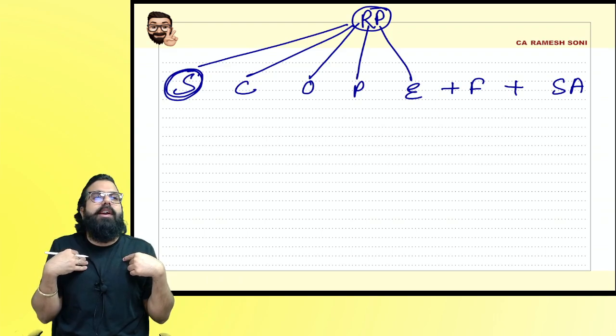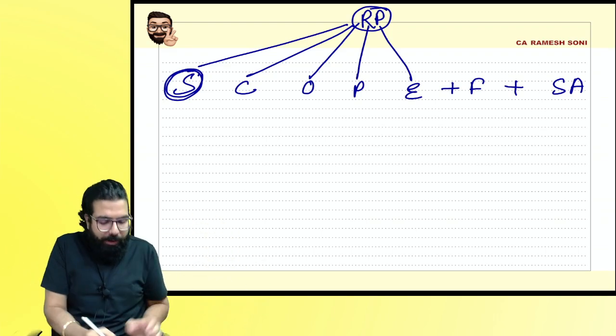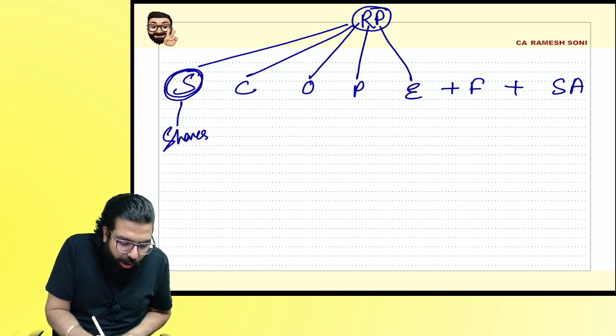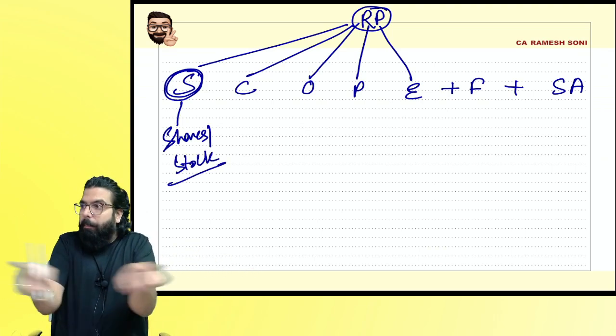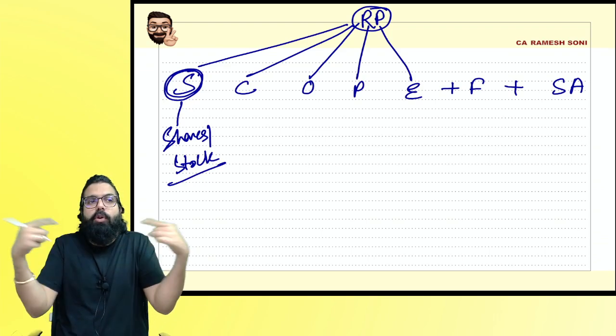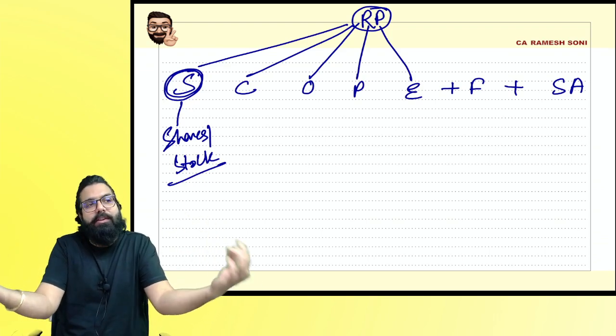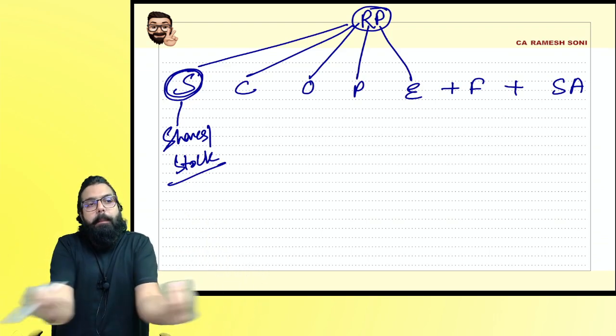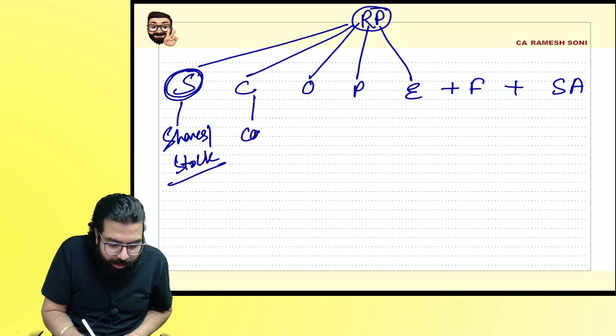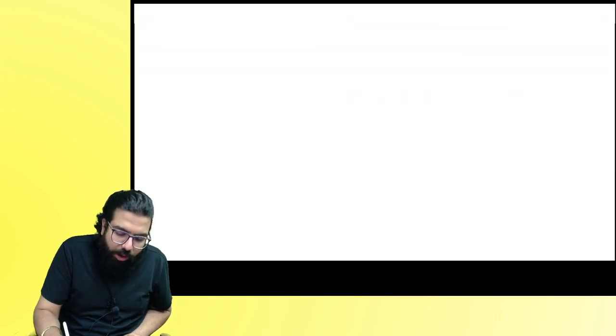If I am holding at least 25% shares or stock in both of them, then both of them become related. Like A is holding at least 25% in B and C. Who will be related? B and C. C means control. Do you remember control, everyone?